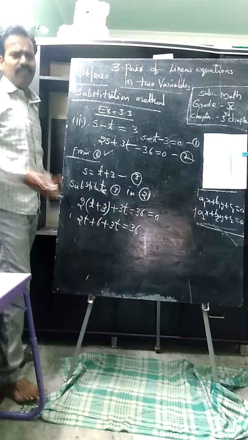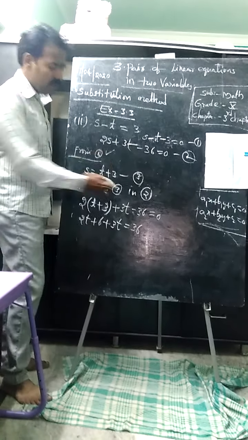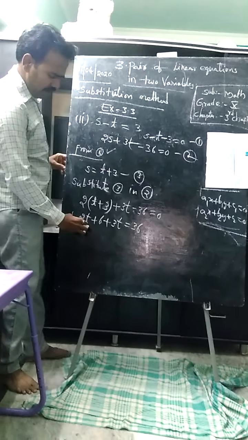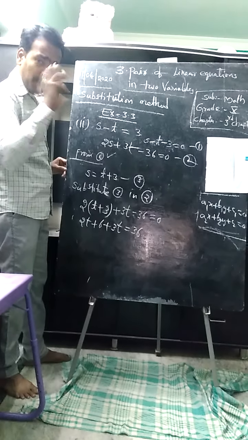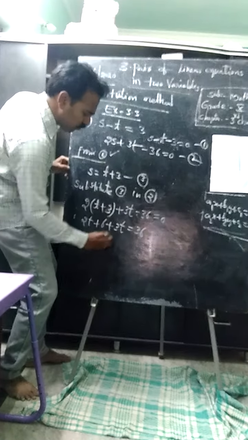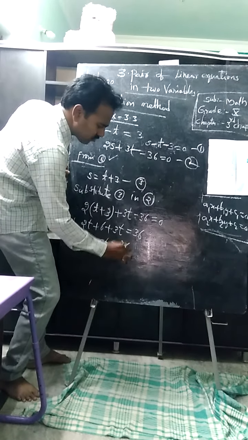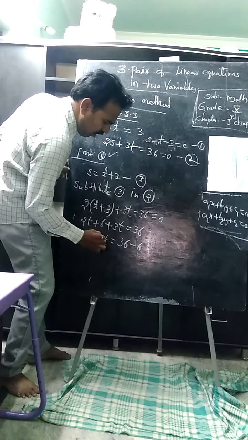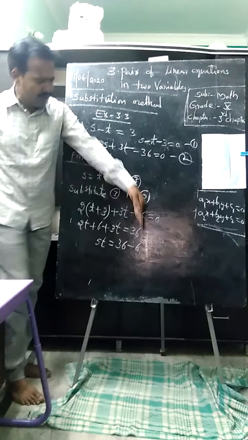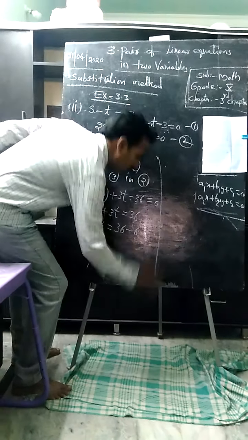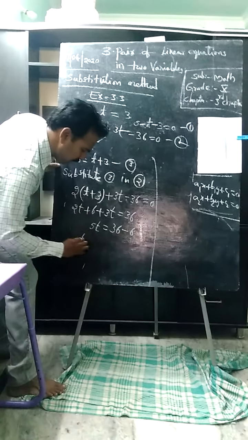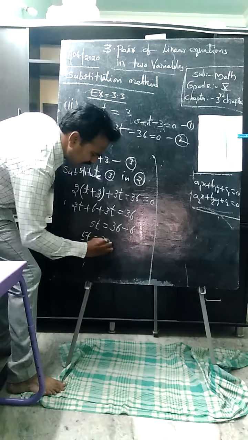For our convenience to solve a linear equation in one variable, write all constant terms on one side, variables on one side. Now we have 2t and 3t, which are like terms, so add them. So 5t equals 36 minus 6. Variables on one side, constants on the other side. So now we have 5t equals 30.